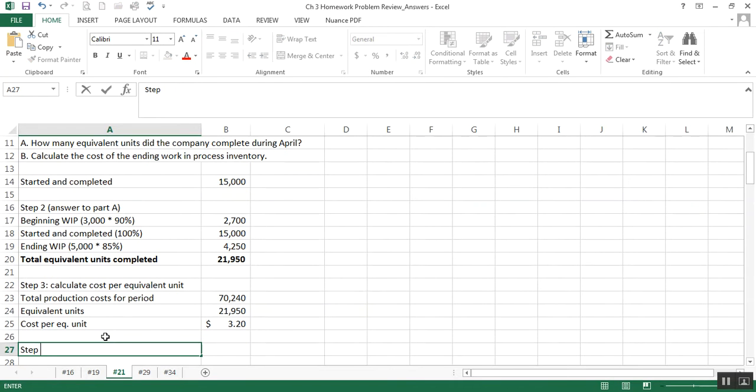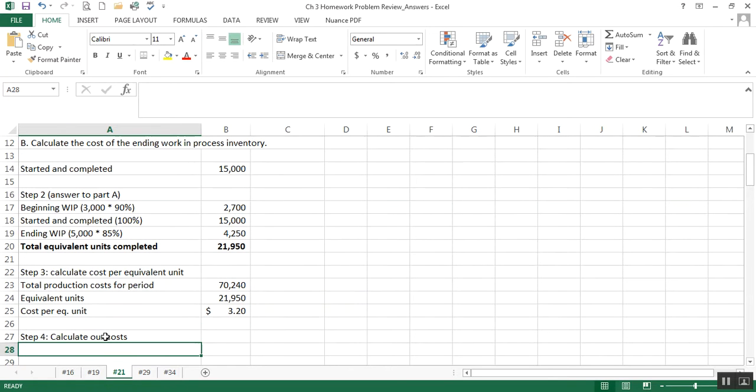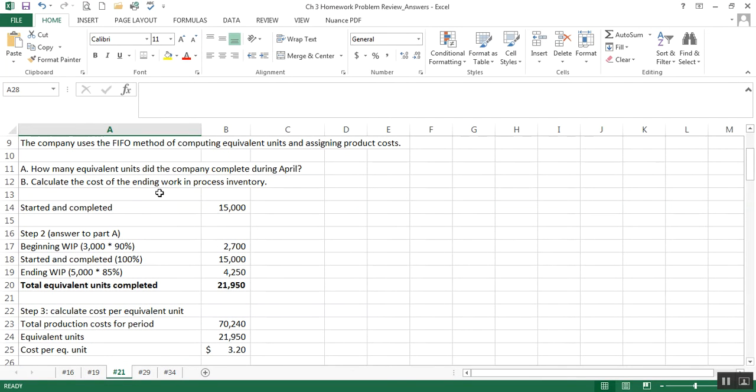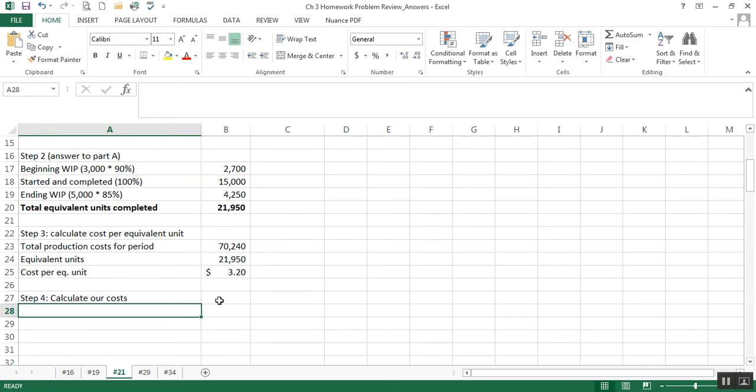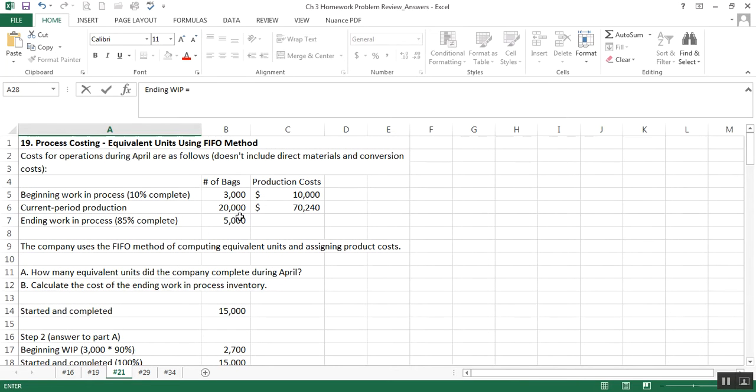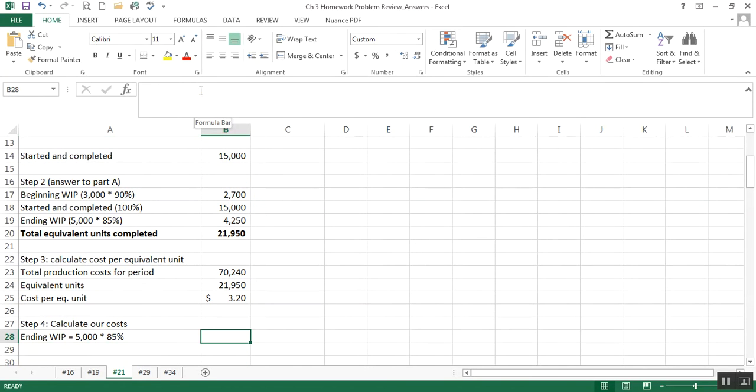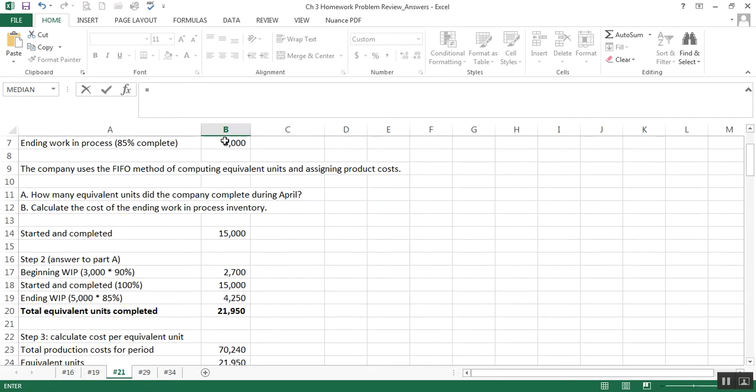And then finally, step 4 is to calculate our costs. Here they're asking for the costs of ending work in process inventory. So first we need to understand our ending WIP, which is equal to the 5,000 times 85%. That's what's remaining in ending inventory.